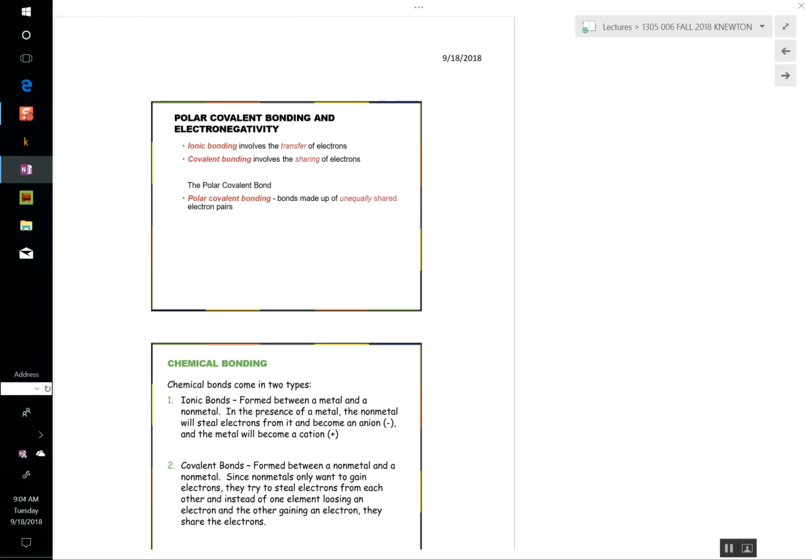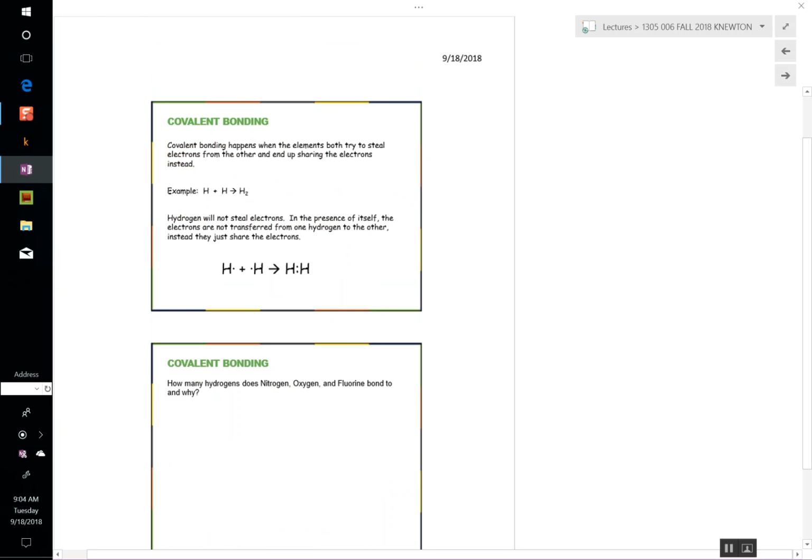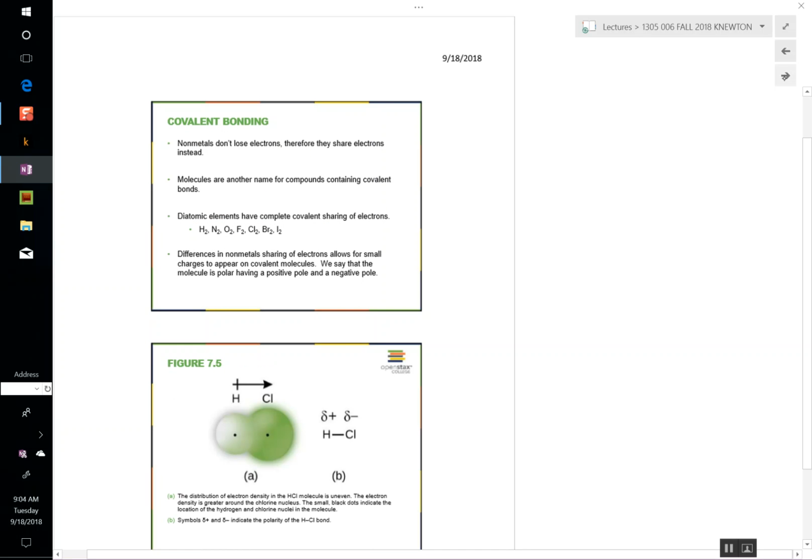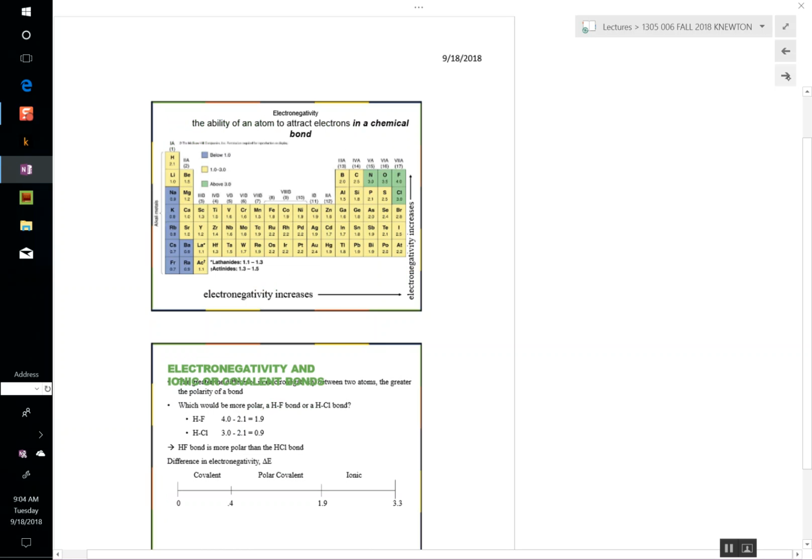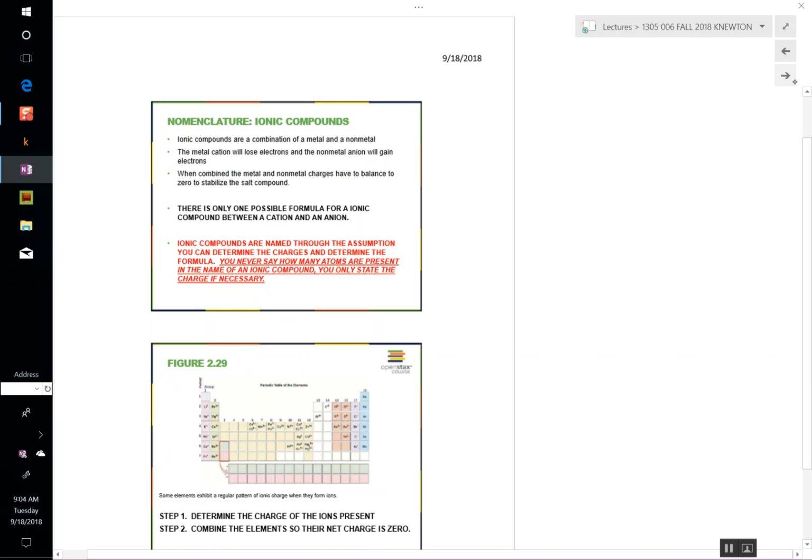All right, now we're back into bonding. We're going to have to understand electronegativity. I'll make some notes to myself.